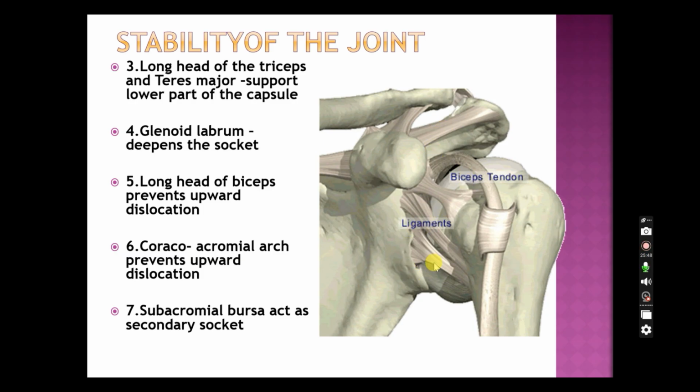When the head moves upward in an accidental manner from the original socket, the glenoid cavity, it will be received by the subacromial bursa, which is located underneath this ligament. Hence, it is called the secondary socket. Okay? Subacromial bursa, coracoacromial arch.